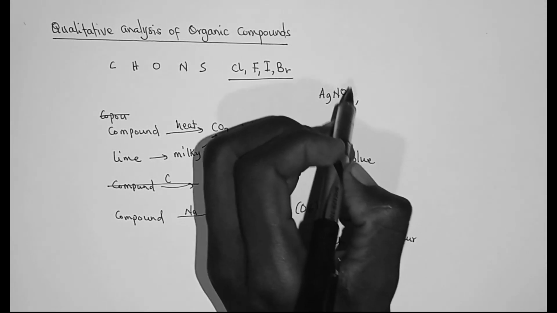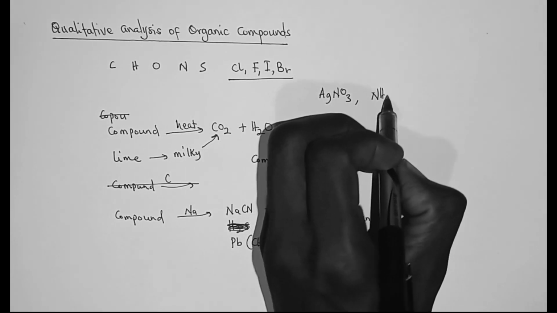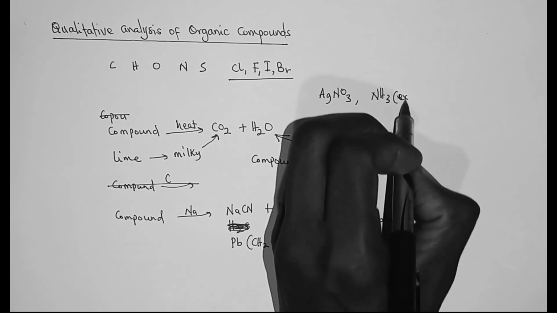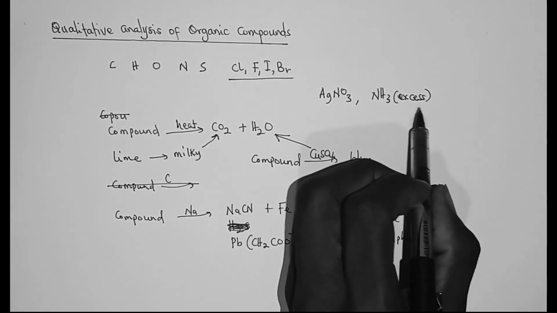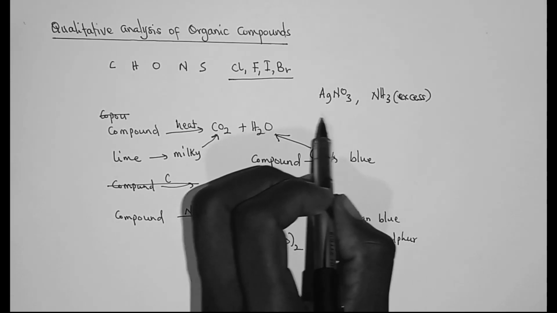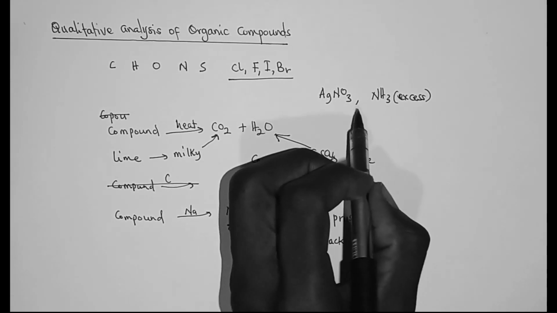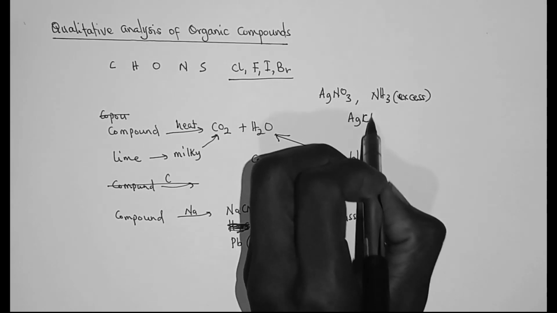Then after it is converted to their halide forms, then you add ammonia in excess. When you add ammonia in excess, what happens is that the excess ammonia will cause chlorine in the solution to precipitate as silver chloride.